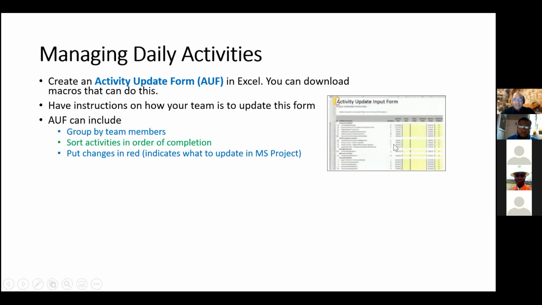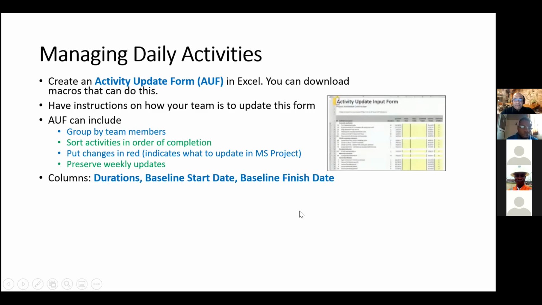However, if you have a macro program, it might be set up in such a way that every time a new update is entered, it will be highlighted in red automatically. And this will help you preserve your weekly updates for the project, right?